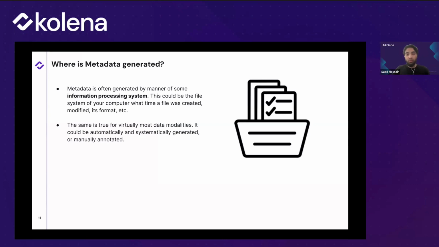But now when it comes to machine learning, we would also use this. For any data for which we'd like to generate metadata, we need to process it through some sort of an information processing system. And when it comes to machine learning, these are generally labeling tools. We label and we categorize our data. We ascribe labels to them. We say that, oh, this is a male. Let's say we're looking at a cat versus dog, classic example in machine learning.